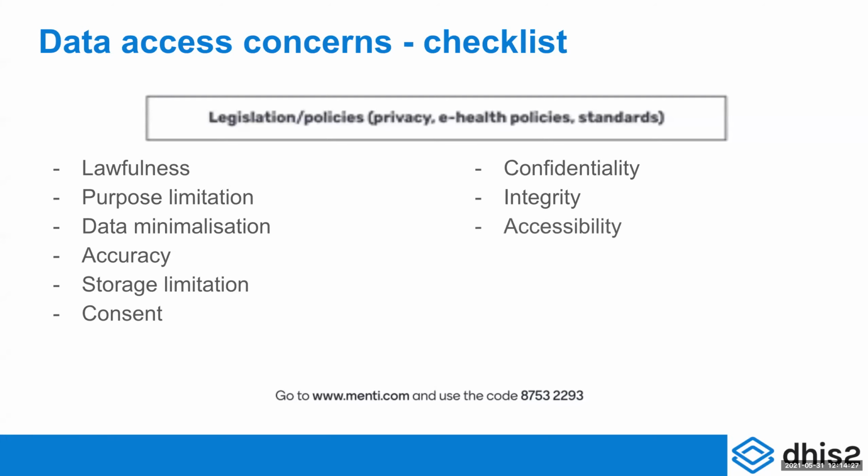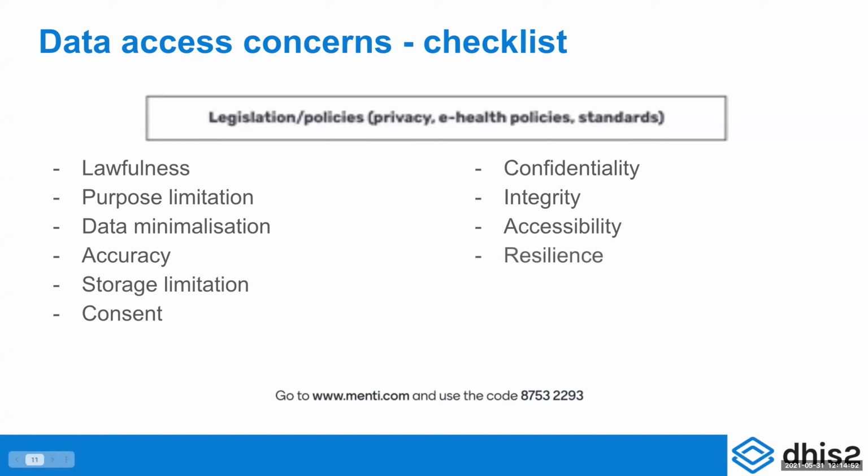Next one is accessibility. The software that is processing the data must be available to authorized personnel who require it for their work. This is also a point that comes to mind when we talk about data access, and this is maybe one of the main points that people think of.